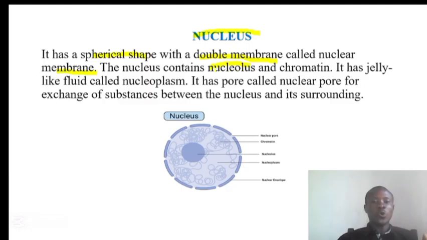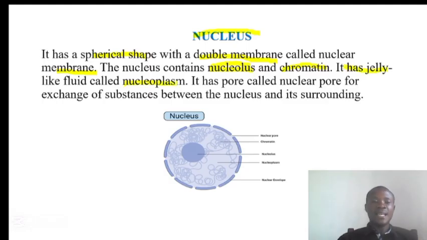The nucleus also contains what we call the nucleolus. This nucleolus produces what we call messenger ribonucleic acid, mRNA, and it has chromatin. This chromatin consists of DNA and a protein called histone.